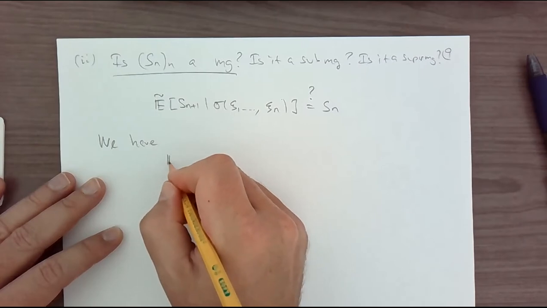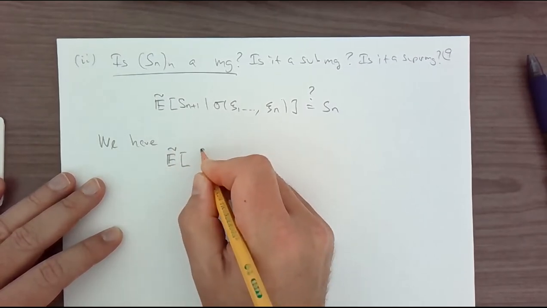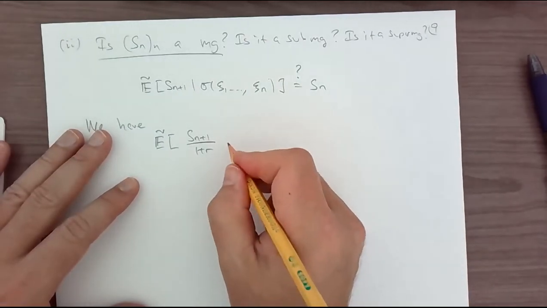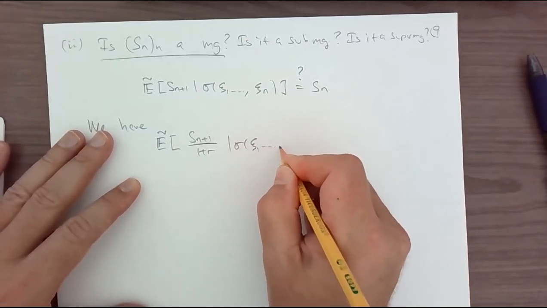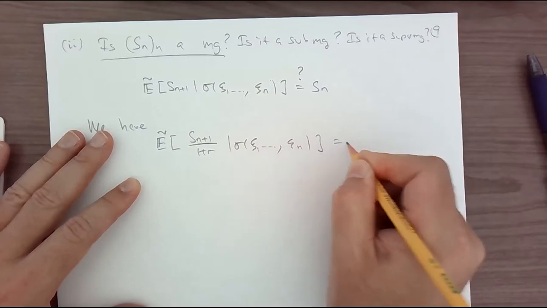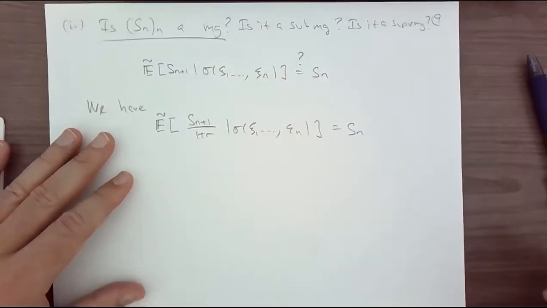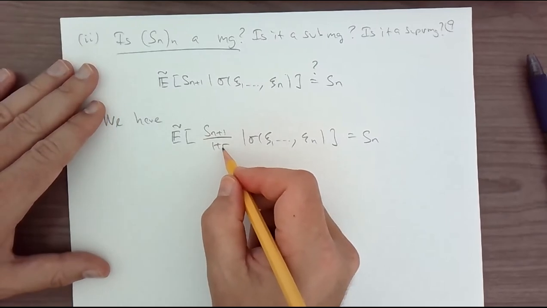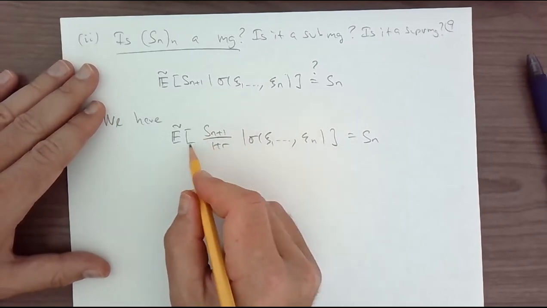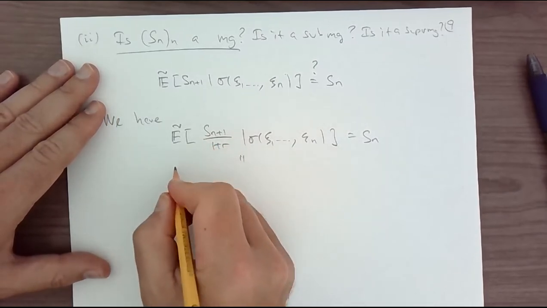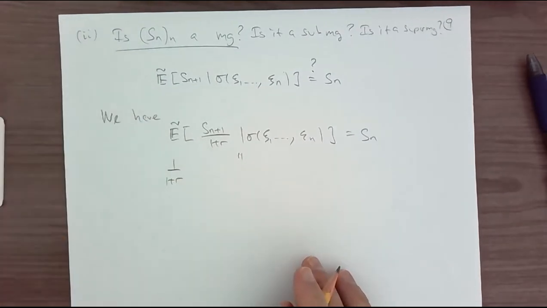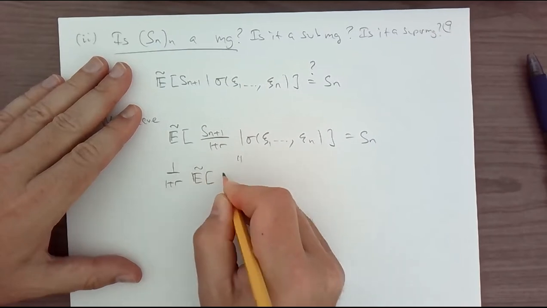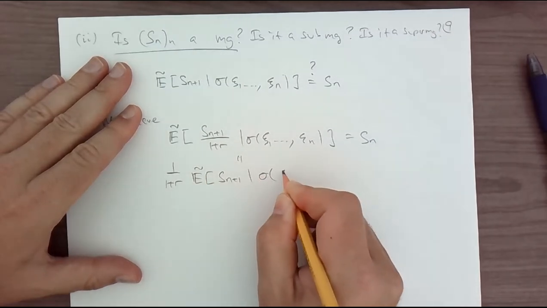What we have is that the expectation, when you discount, is true. As it is a difference, of course you can move this 1 plus r. This is a constant coefficient, and it can be pulled outside. You can write this as 1 over 1 plus r times the expectation of Sn plus 1 given the first coin flips.